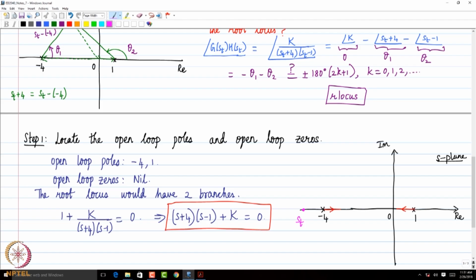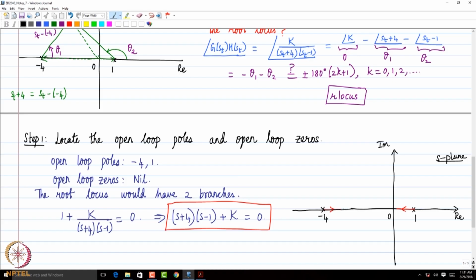Is -360 an odd multiple of pi? No. So this would not work, and I cannot have the branch going to the left from -4.